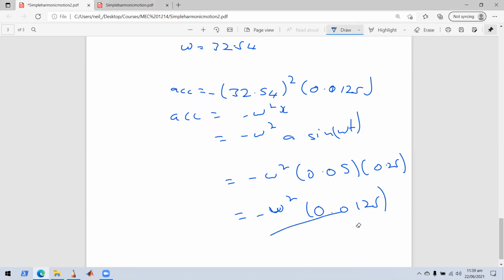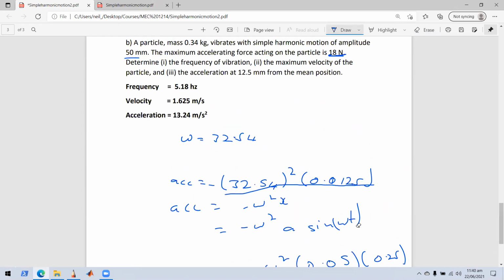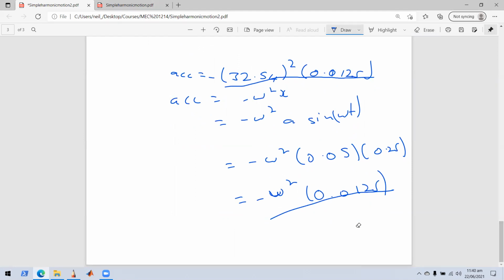Good. So this here is the same as this here, right? Yes. So you should get the same answer. Yeah, I got 13.56. 32.54 squared times 0.0125.